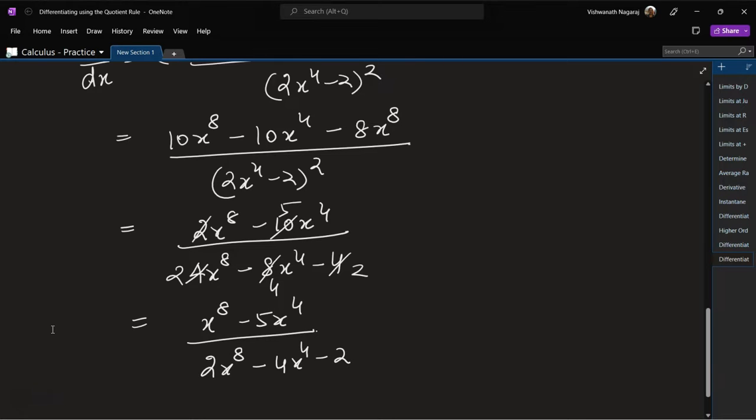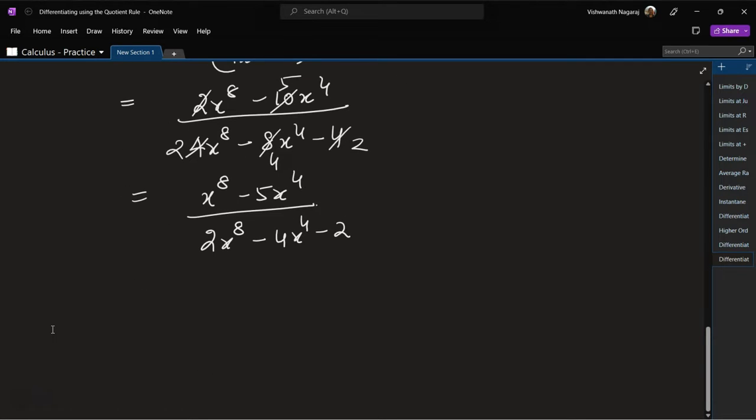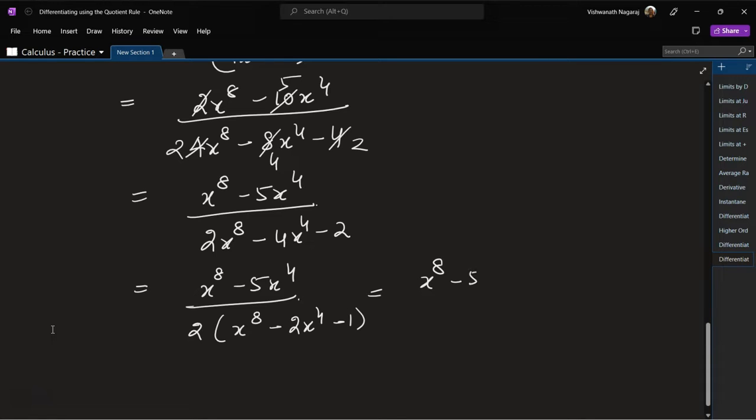Okay, this we can further simplify just to complete it off. X to the power of 8 minus 5x to the power of 4. 2 is common to all of them. So x to the power of 8 minus 2x to the power of 4 minus 1. And if you think about it, you will realize that this is nothing but 2 times x to the power of 4 minus 1 square, right?